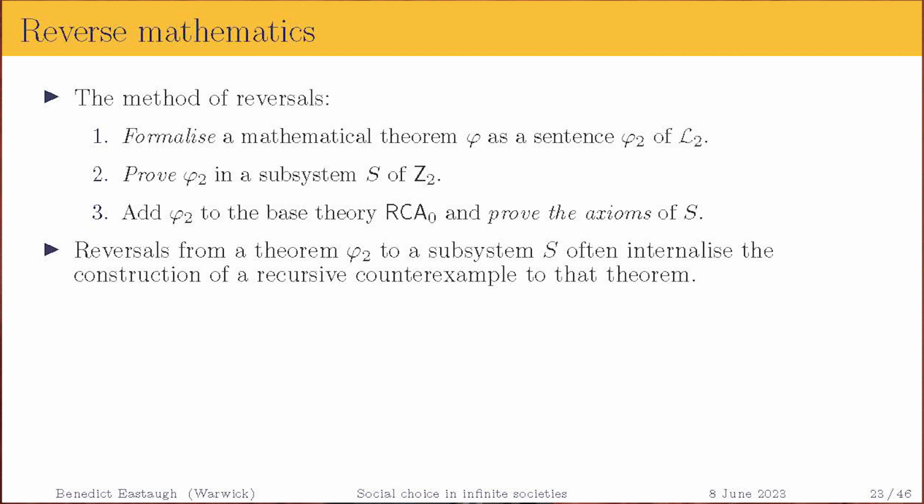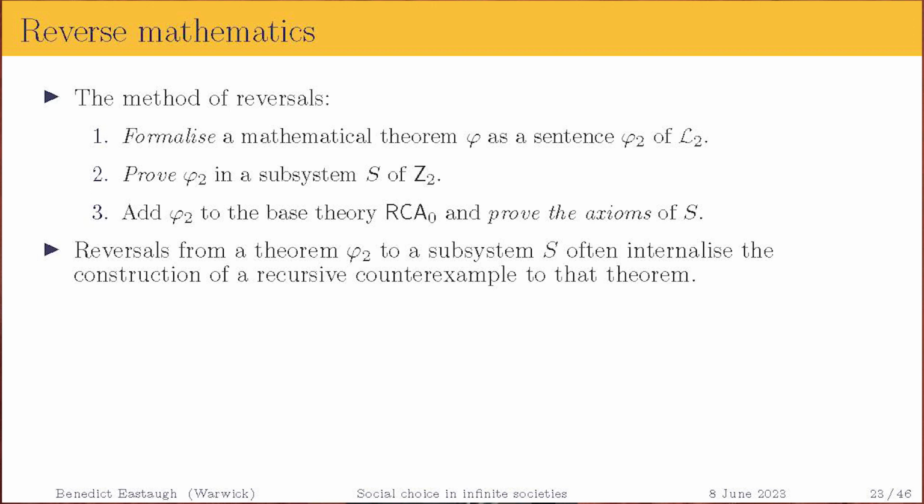And there's a kind of deep connection between reverse mathematics and computability theory. In particular, this idea called recursive counterexample. So recursive counterexample is when you have some theorem. It's asking a question, is there, say, given an infinite society, is there a non-dictatorial social welfare function?